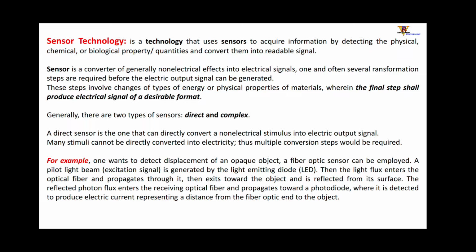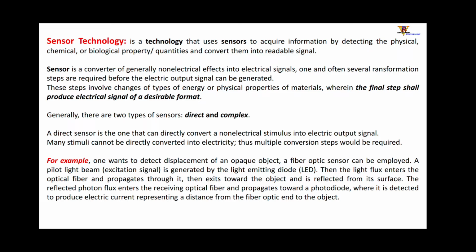For example, suppose one wants to detect the displacement of an opaque object. How can we measure the displacement of that object? A fiber optic sensor can be employed. Here we use a pilot light beam, which is also known as the excitation signal.